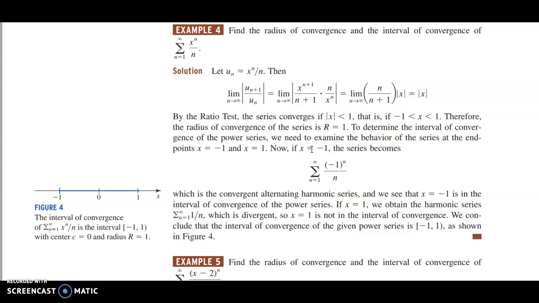And putting x equal to minus 1, this becomes minus 1 power n divided by n. We know that this is an alternating series. By using the Leibniz test, we can say that the series converges. So the series converges in the interval minus 1 closed, 1 open, and this is the interval of convergence, and the radius of convergence is equal to 1.